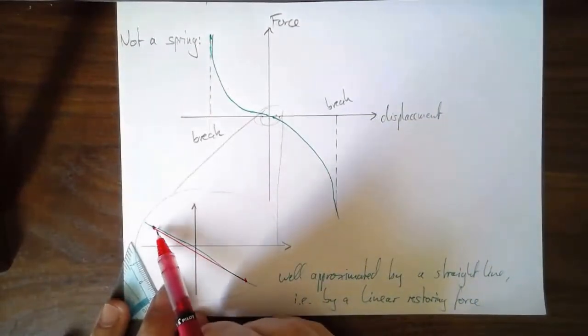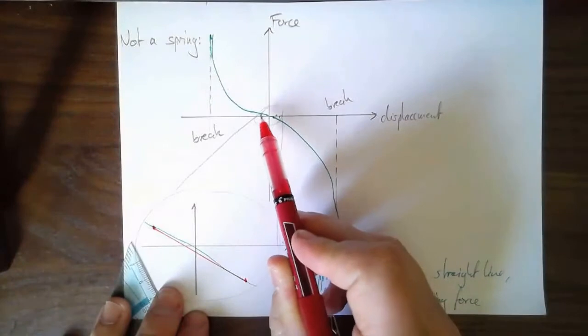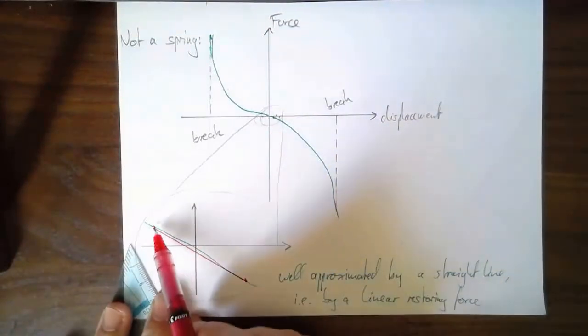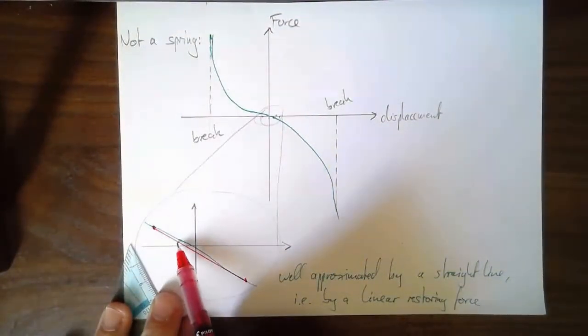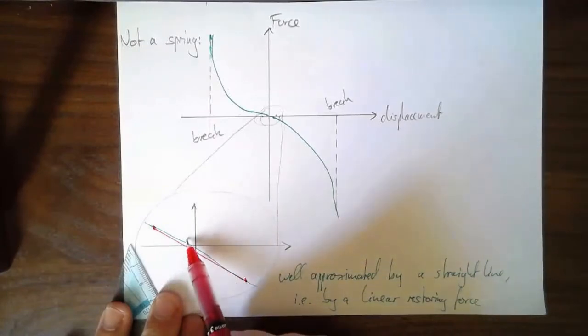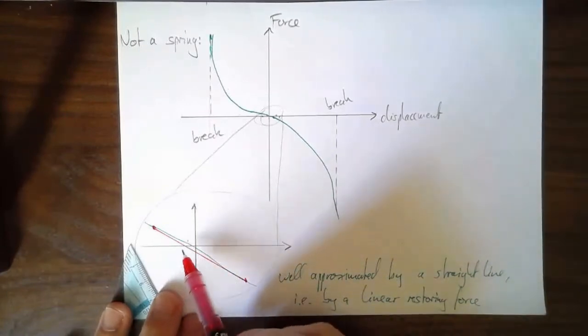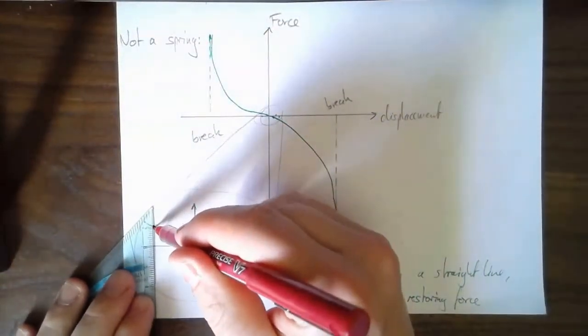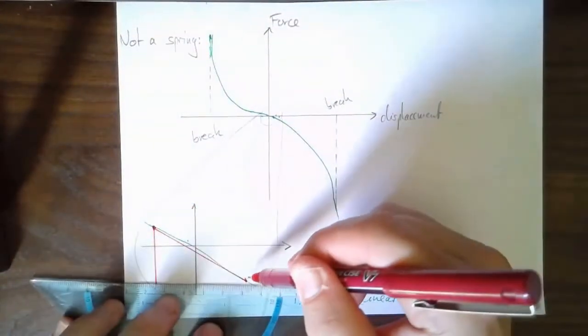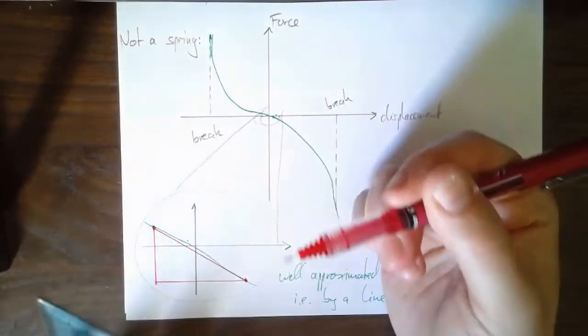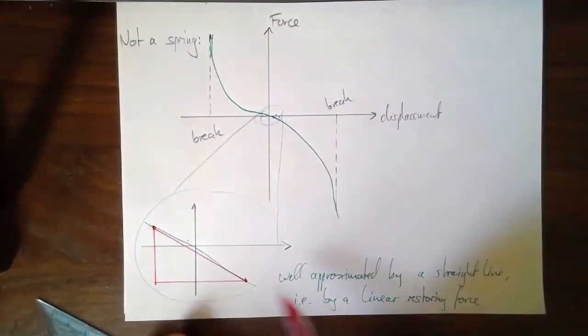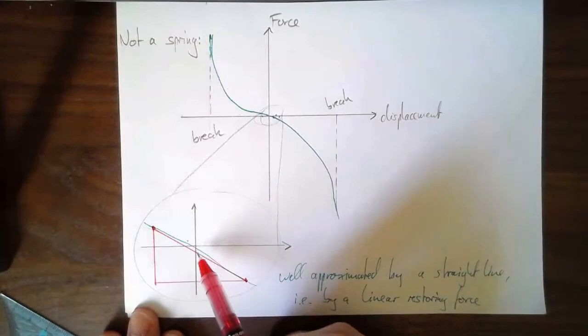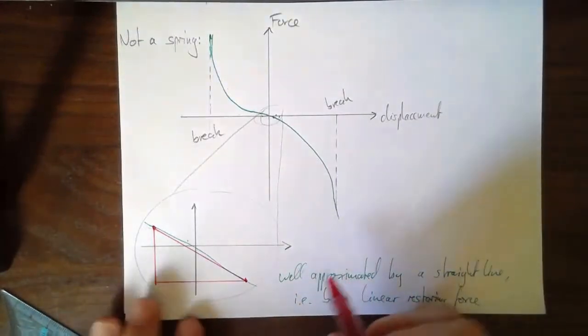You could imagine that no matter how you zoom in, it's still slightly curved, so this might not be exactly the same: the red line, my straight line approximation, and the actual line, the green one. But it's a very good approximation, so I can just calculate the slope of this as essentially the rise over the run, and so the slope here gives me the effective spring constant.